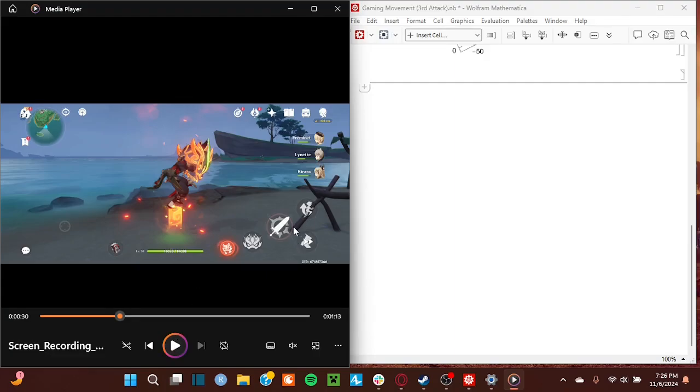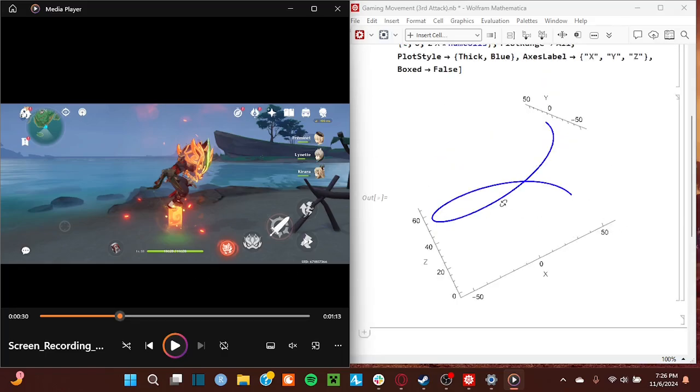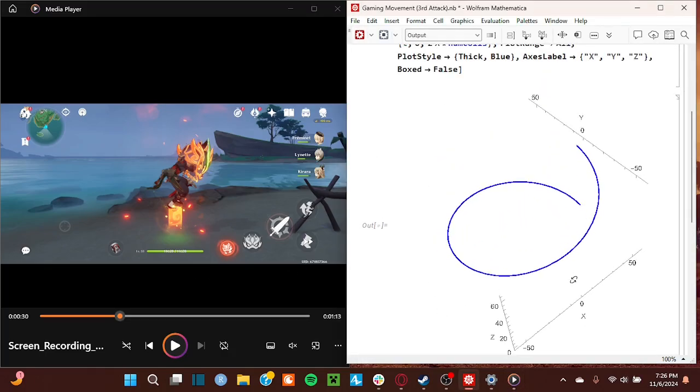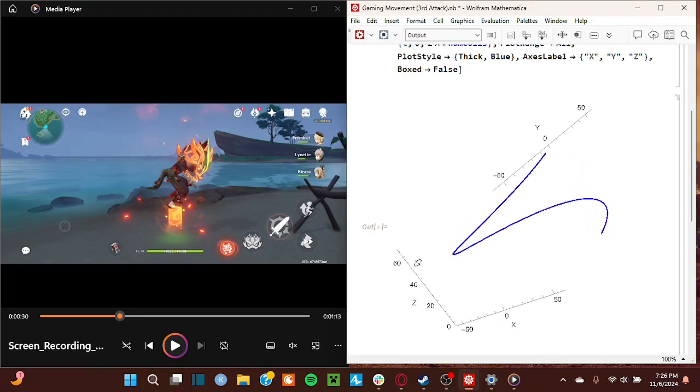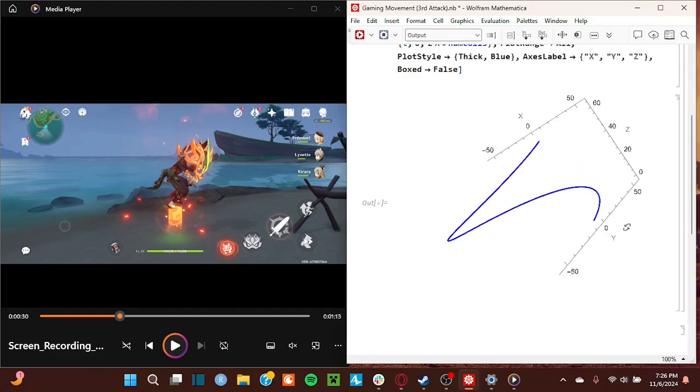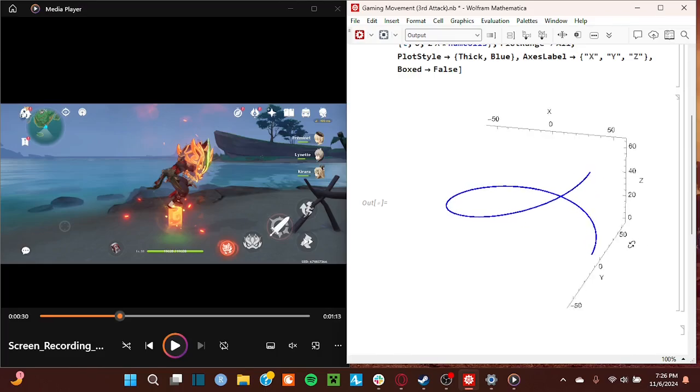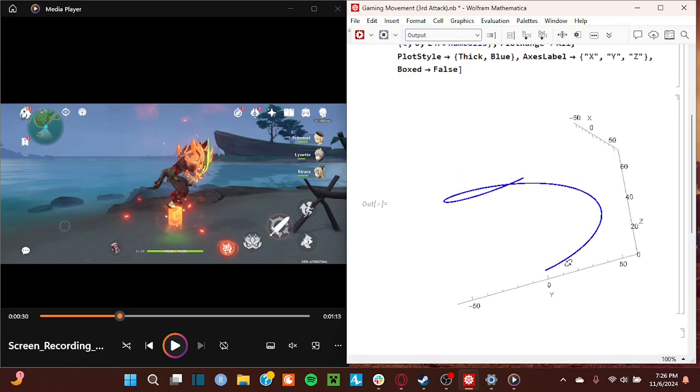So for me, that looked like a singular circle, kind of. But from a 3D standpoint, we could see something that looked a little bit like this. So this is a corkscrew. I'm sure that some of y'all have seen something like this before. But I wanted to show it kind of on a real world simulation basis.